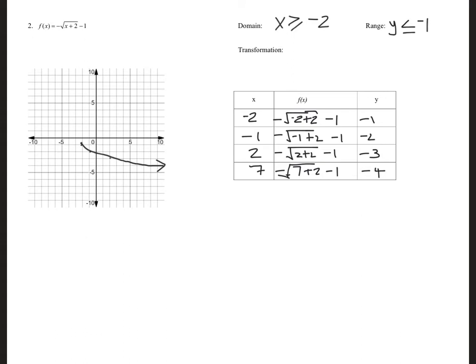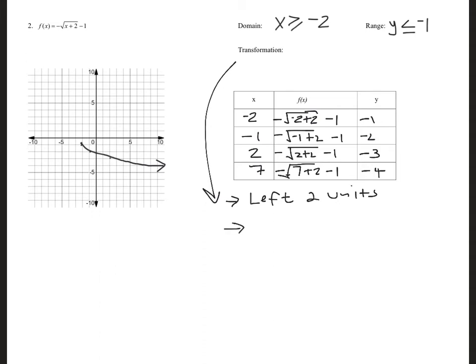And the transformations, so here we're going to write the transformations. I see 3 types of transformations. So the first one is it goes to the left. How many units? This is 2 units. So we can say horizontal shift to the left 2 units.